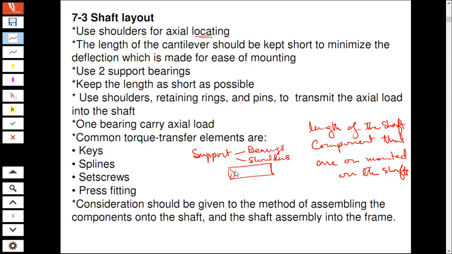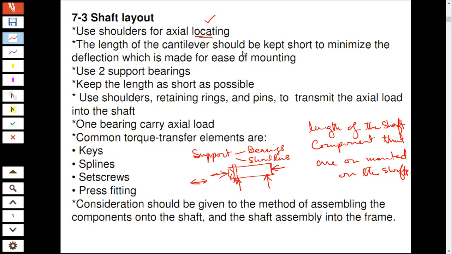So at this position you need to support the shaft from here, and you also need to support the shaft in this direction so that it doesn't go axially. For that purpose, you can put a shoulder in a shaft, and the shoulder would look like this. You put this in a groove, and the shaft will not move or dislocate in this direction. So that is one thing, that you will use shoulders.